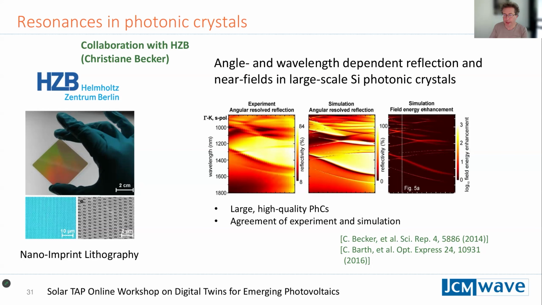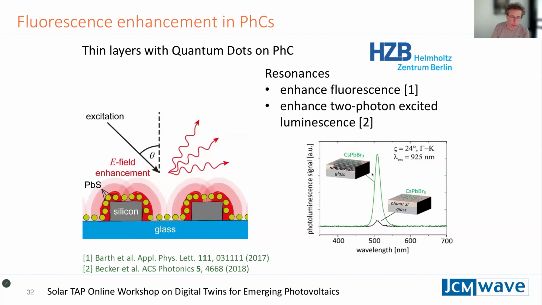In the simulation, you can also see that for specific wavelengths you reach a very large field enhancement. This can then be used, for example, to excite quantum dots, which are located close to this photonic crystal. And here you see that the quantum dot photoluminescence signal can be greatly enhanced by techniques like that.